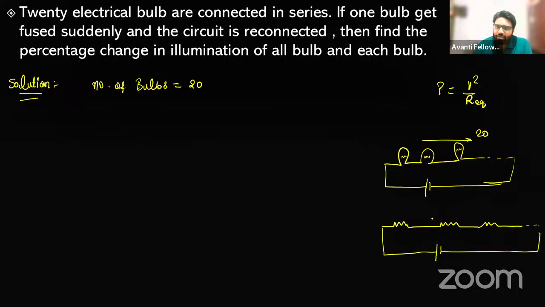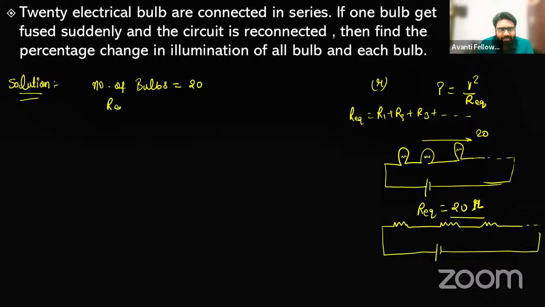Now you can easily find R equivalent. By series combination, R equivalent is R1 plus R2 plus R3, add all the resistances. Let's say the resistance of each bulb is R. So R equivalent will become 20R, R plus R 20 times.